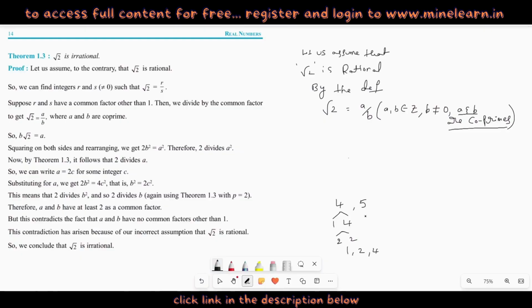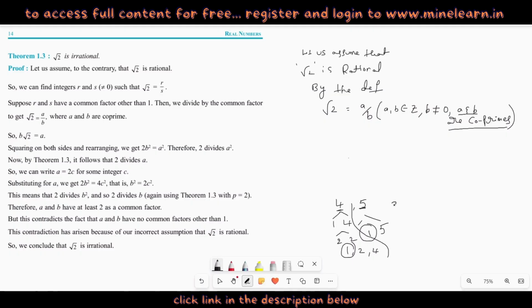Now come to 5: 1, 5. In these two, 4 and 5, the only common factor is 1. That means there is no common factor other than 1 for 4 and 5. These type of numbers are called coprime. Coprime means only 1 is the common factor.